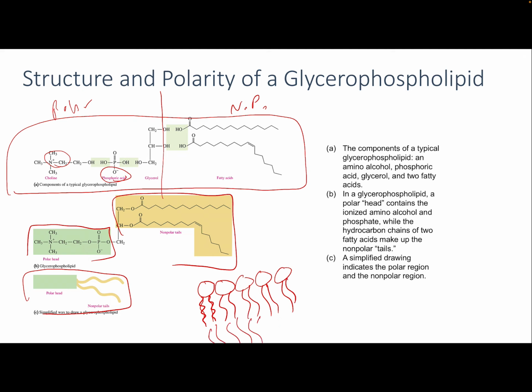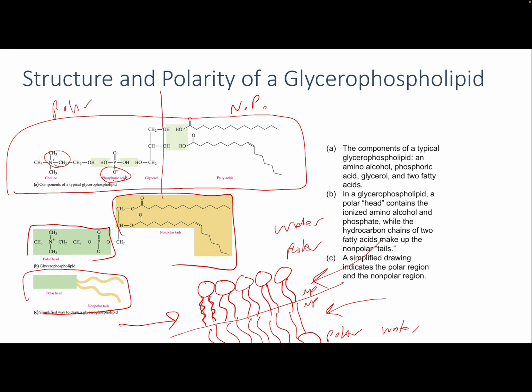If you know what a lipid bilayer is, it's when you have two layers of lipids where all the nonpolar parts are interacting and all the polar parts are on opposite sides interacting with water. This is what our cells are made of. This is like the boundary that encapsulates a cell. So sometimes they're represented this way, but they definitely are different in their polarities.